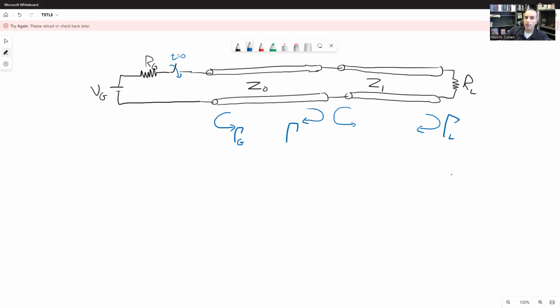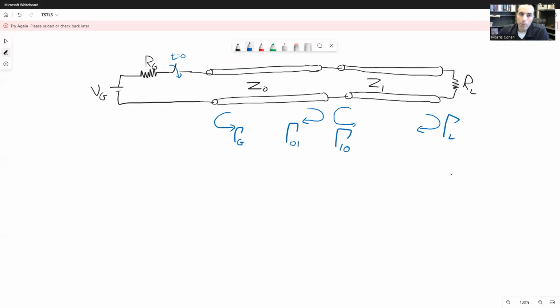So I'm going to denote these with the symbol gamma 0,1, which is the reflection coefficient for a wave from Z0 hitting the junction with Z1 and turning around and going backwards. On the other hand, we're going to have gamma 1,0, which will denote the reflection coefficient for a wave coming from the load back toward the junction, and it turns around and goes backwards toward RL.